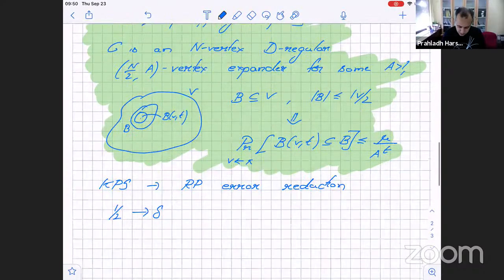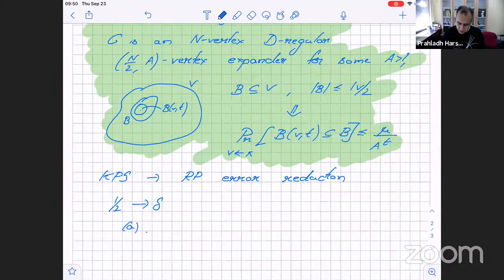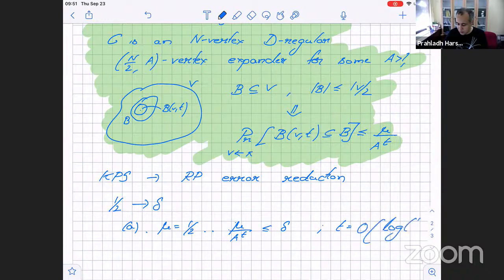Basically, we did that by setting mu to be equal to half, and you want mu over a to the power t to be less than or equal to delta. You just get it by setting t to be order log 1 over delta by log a. This will give you the result.